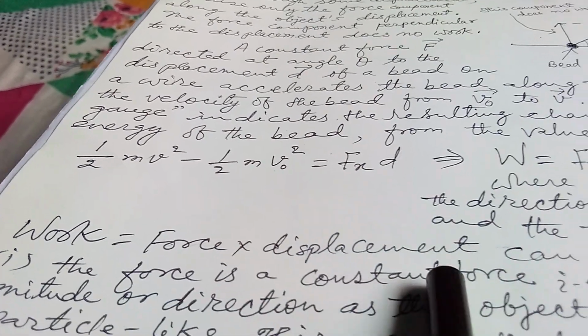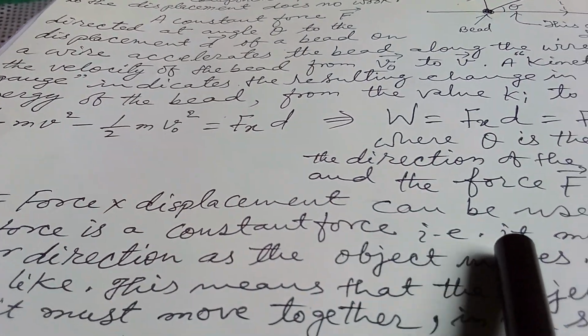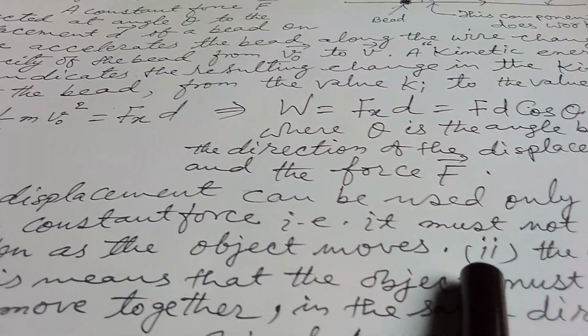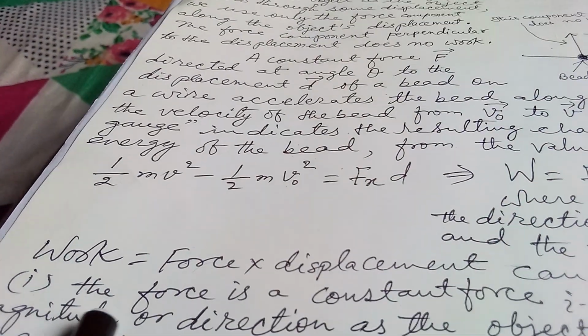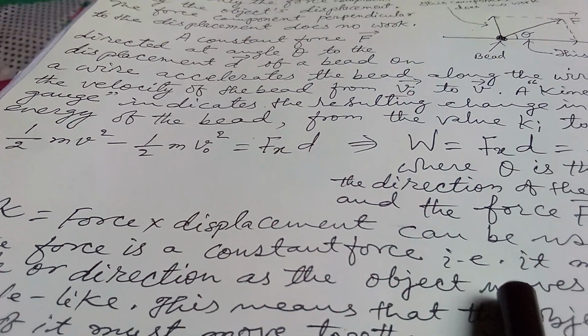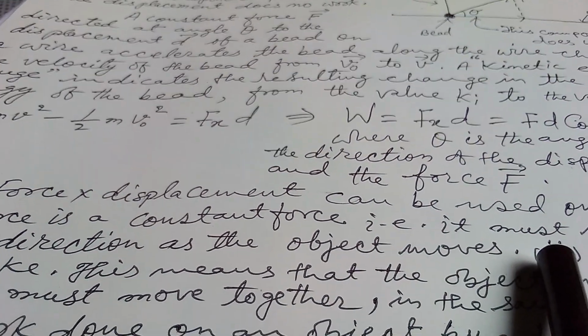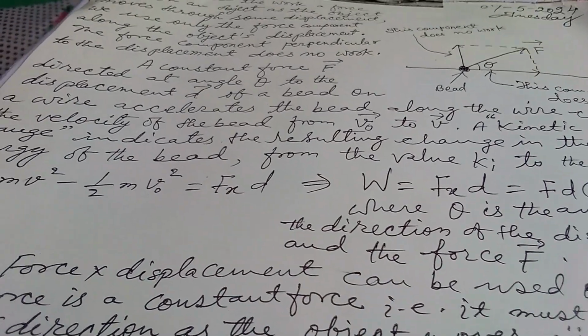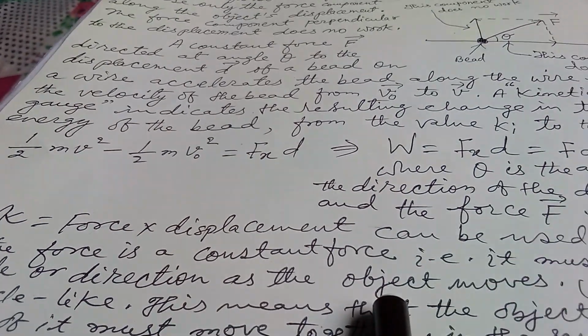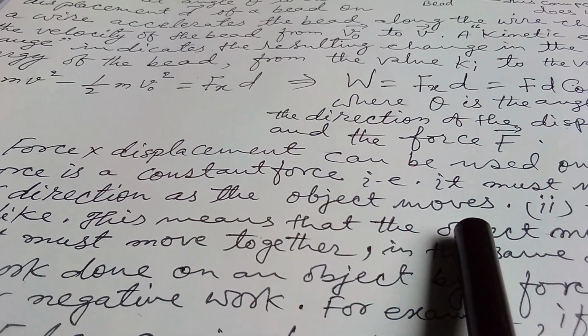Work equals force into displacement can be used only when the force is a constant force, that is, it must not change in magnitude or direction as the object moves.